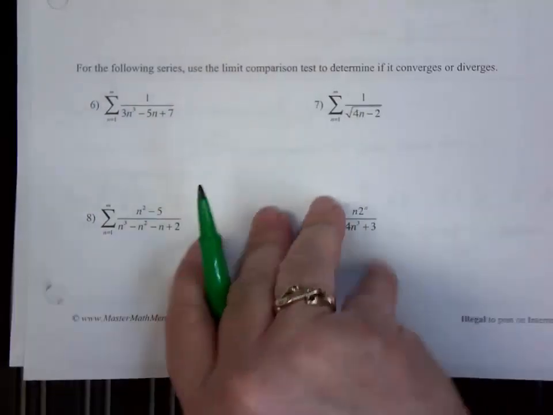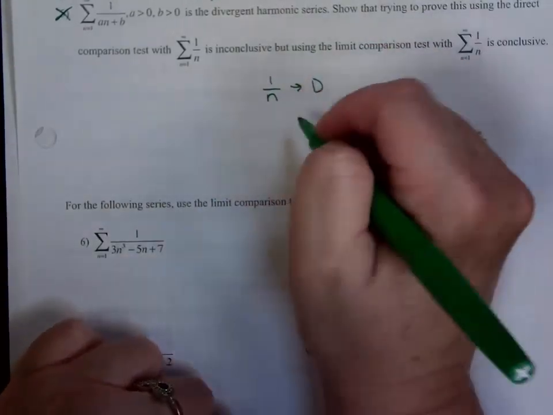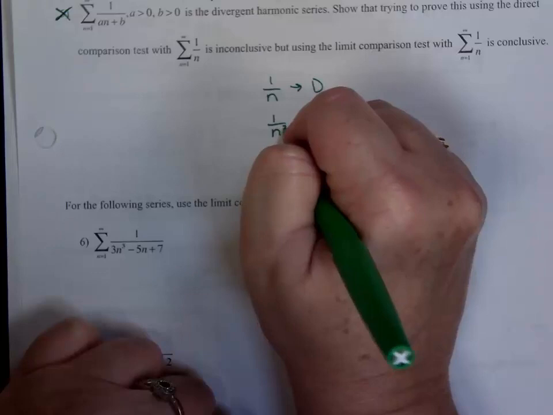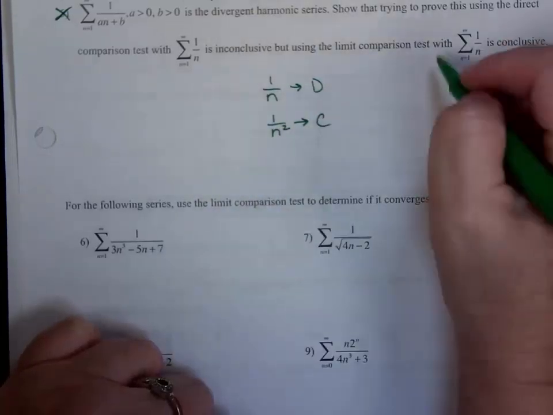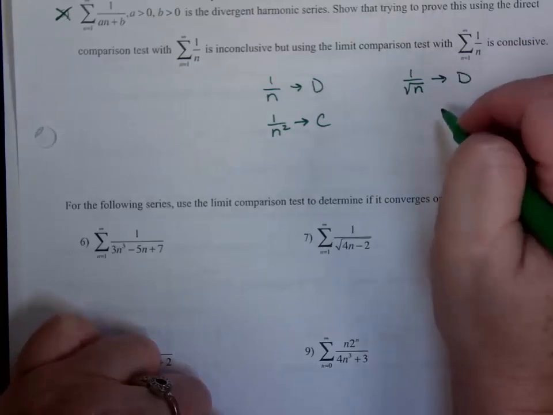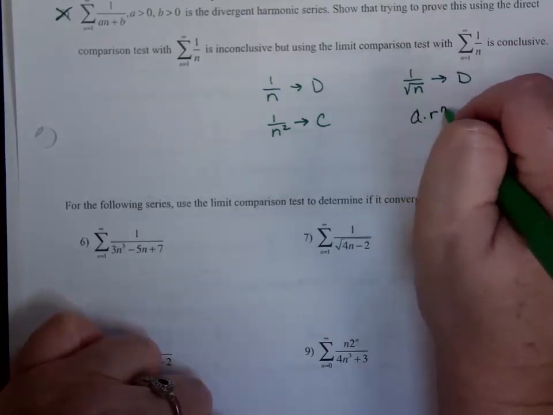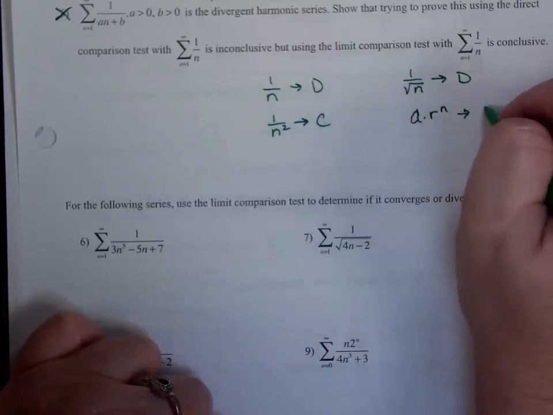Can you see what I'm writing? So in this area right here, write 1 over n, and it diverges. 1 over n squared, and it converges. 1 over the square root of n, and it diverges. And a times r to the n, which converges also.